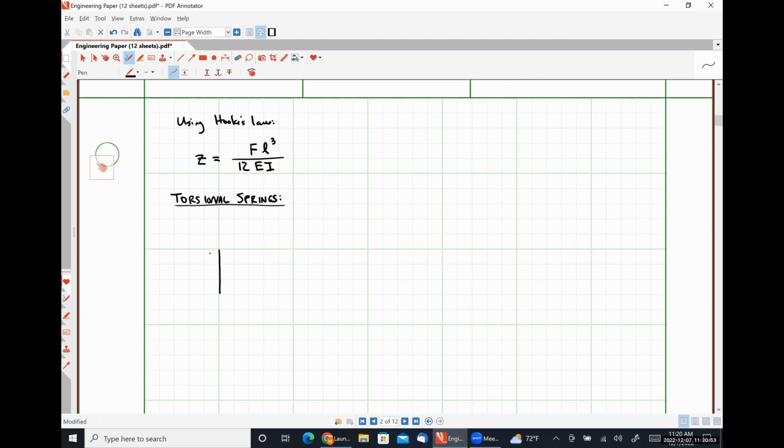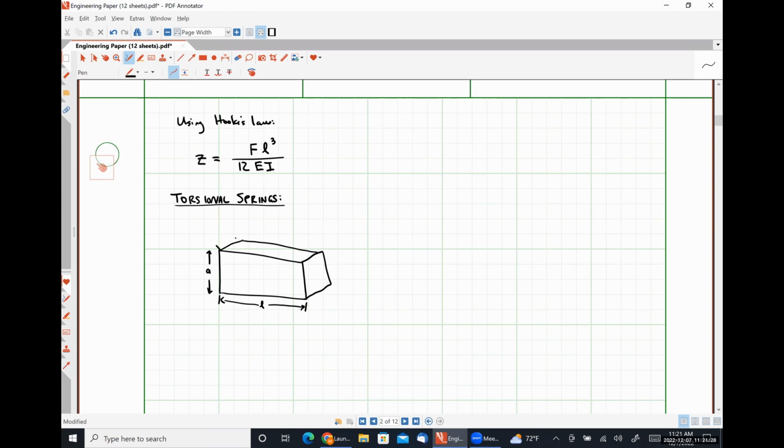So I'm going to call this dimension A. Our beam will have some length L. Like so.